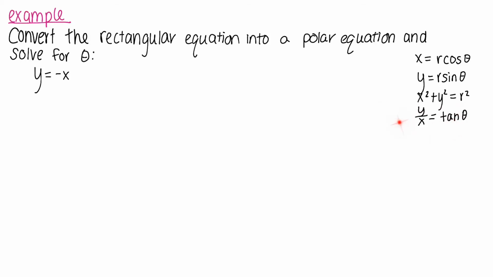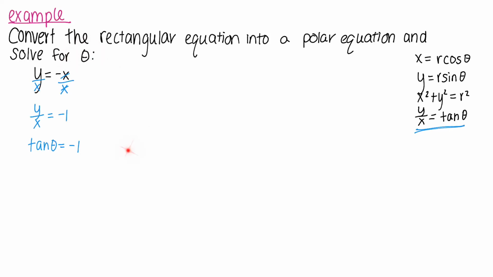So we know y over x is equal to tangent theta. If I divide both sides by x here, these x's will cancel. I'll have a negative 1 over there, and I'll have y over x is equal to negative 1. Y over x is the same thing as tangent theta. So tangent theta is equal to negative 1. Here, we're actually looking to solve for theta.